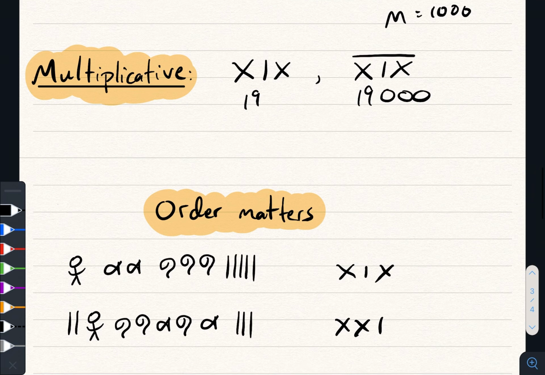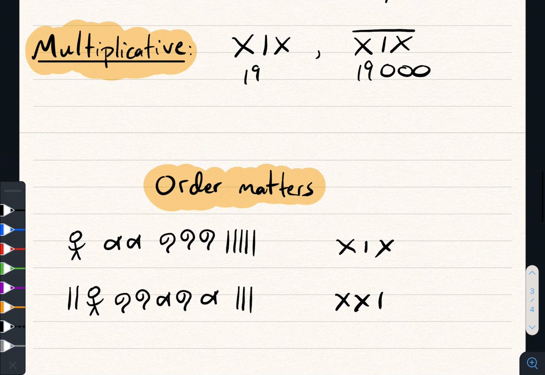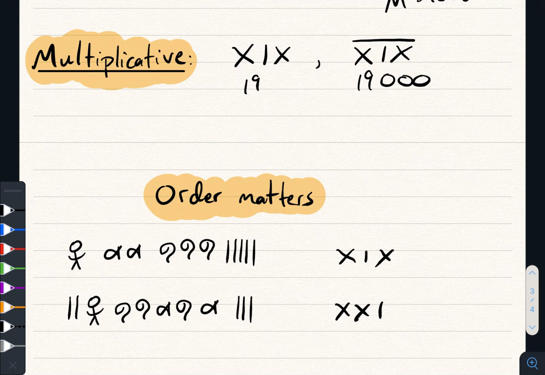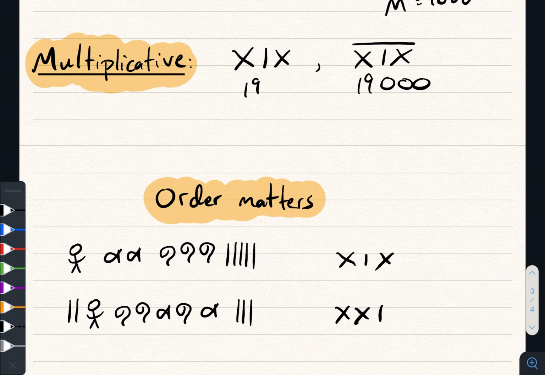One thing that this highlights is that order matters a lot in certain systems. In some systems, it really does not matter at all. Like in the Egyptian system, if I wrote this collection of symbols like I did before, it didn't matter what order I wrote them in, because each symbol has a very specific meaning regardless of where it appears in the number.